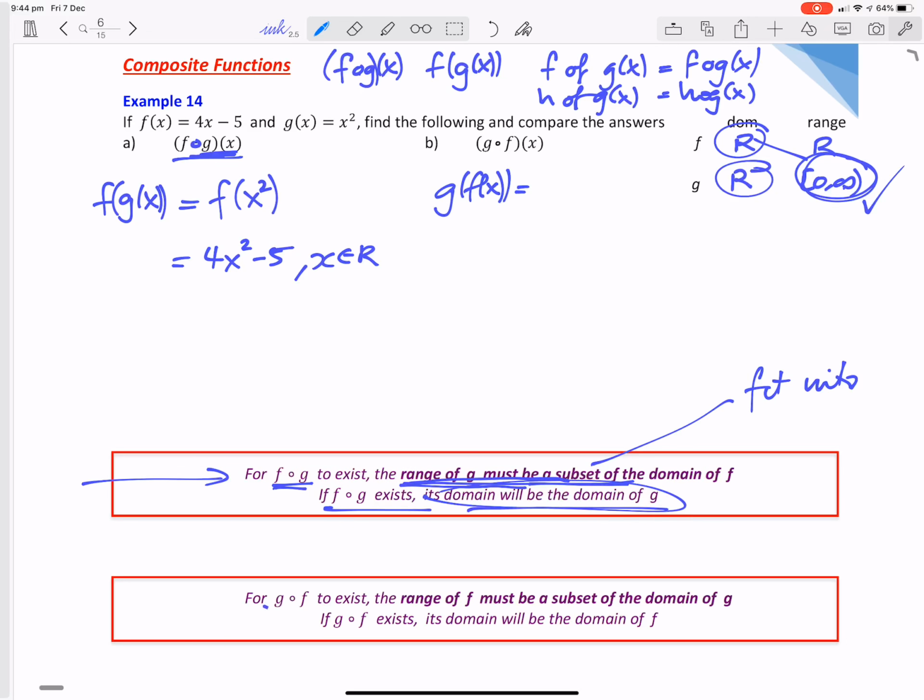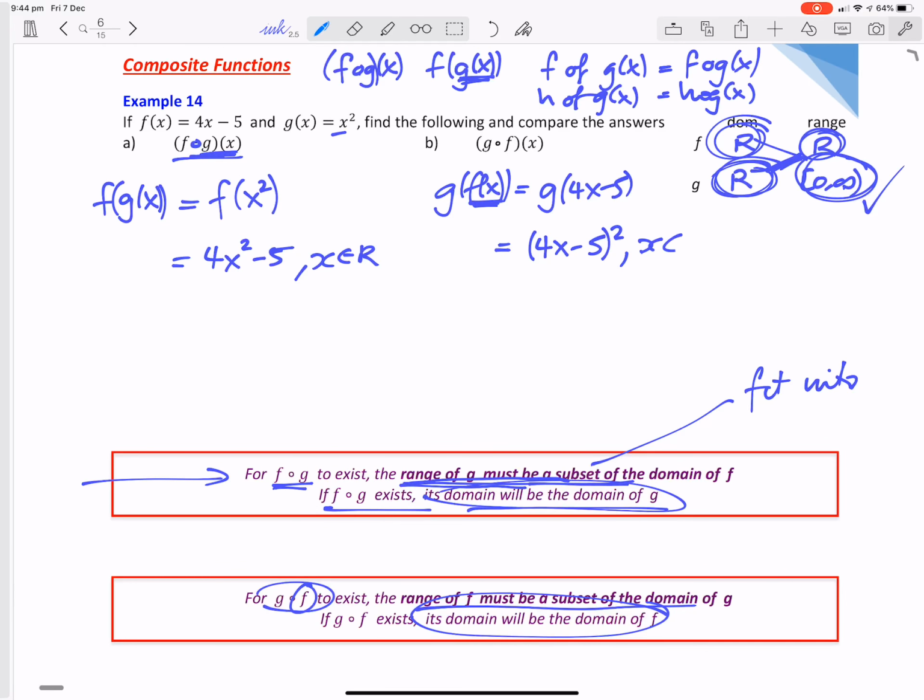Well, it's a subset because they're the same thing. So here, g of f of x, which is 4x minus 5, we've got x squared, we replace it with a 4x minus 5 squared, and then its domain is the domain of the inner function, which is f, and that's also all reals. So x is an element of all reals.